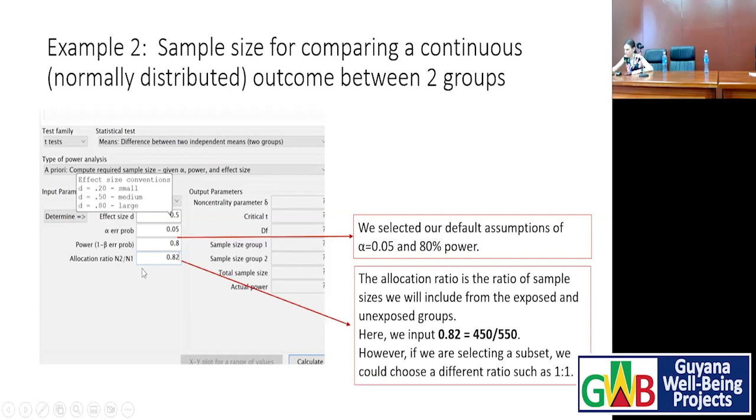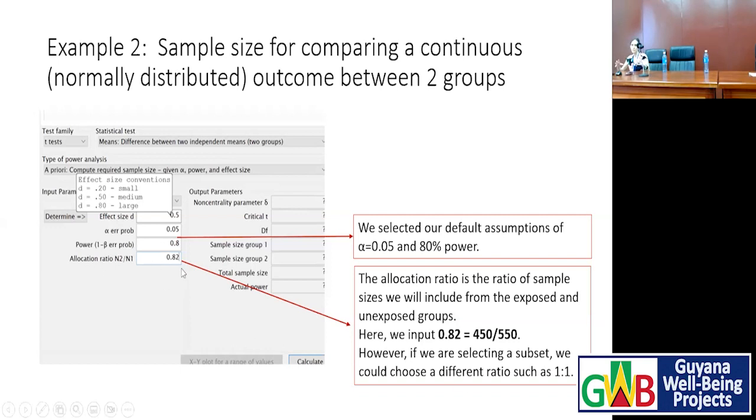Here we have to fill in the allocation ratio, N2 over N1. This is the ratio of the sample sizes that we are going to include from the exposed and unexposed groups. Remember we had 450 exposed and 550 unexposed. Let's keep that same ratio. We just calculate 450 divided by 550, we get 0.82, and we fill that in.